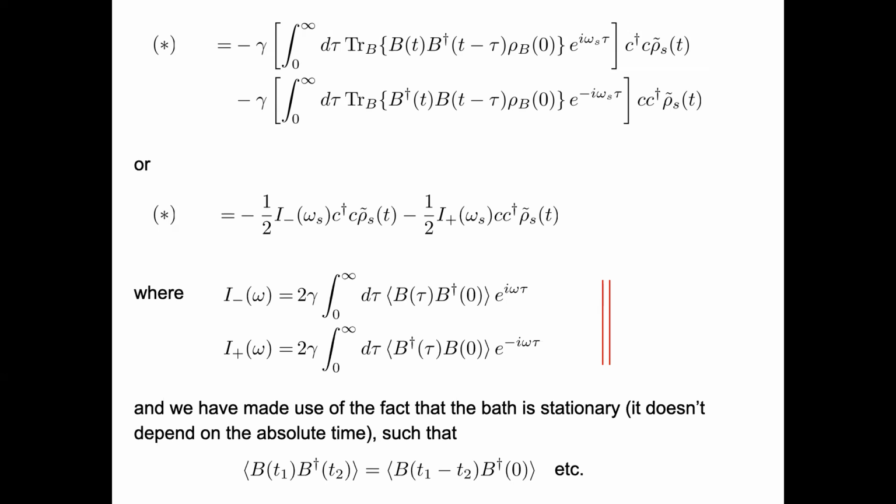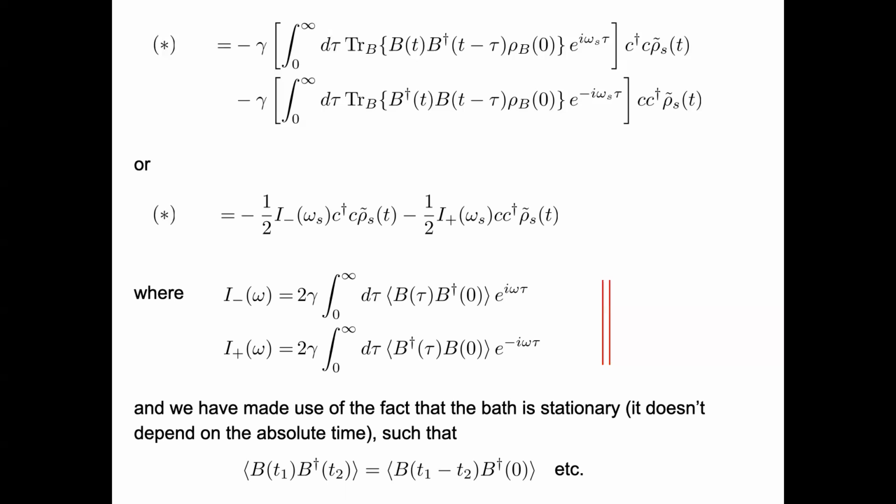Because we started in equilibrium, this process cannot depend on absolute time. If the density operator is an equilibrium one, these correlation functions are independent of the absolute offset in time and depend only on the time difference. So I can shift both by t and by tau, and only the time difference matters. That's why this correlation function corresponds to b of tau, b dagger of 0, multiplied by this frequency factor e to the i omega t.